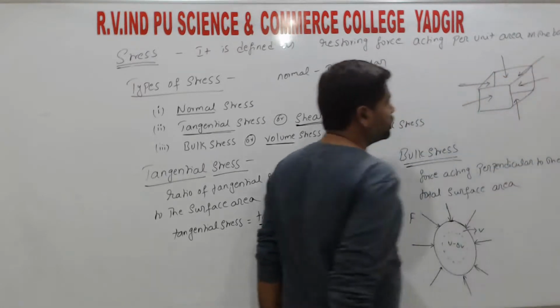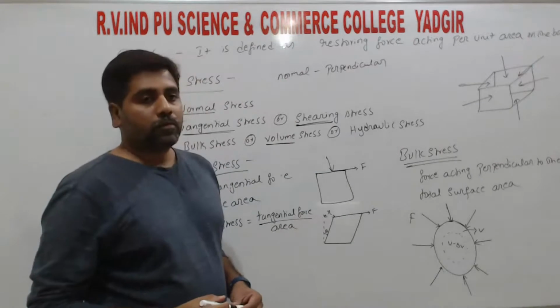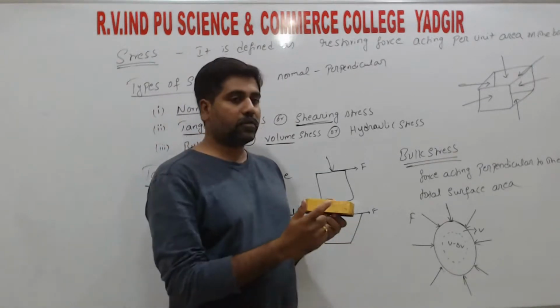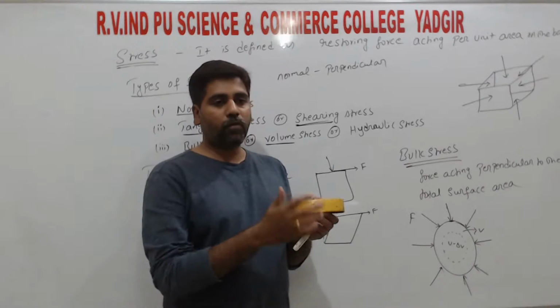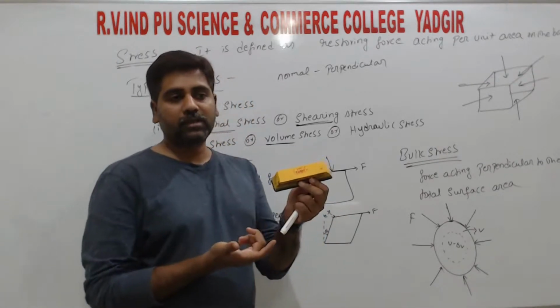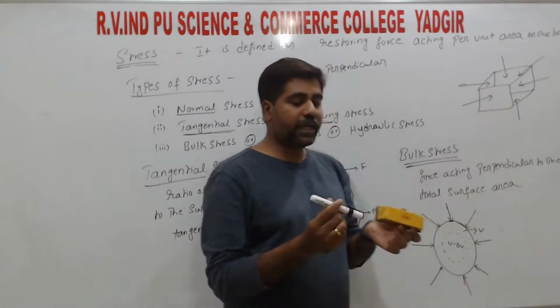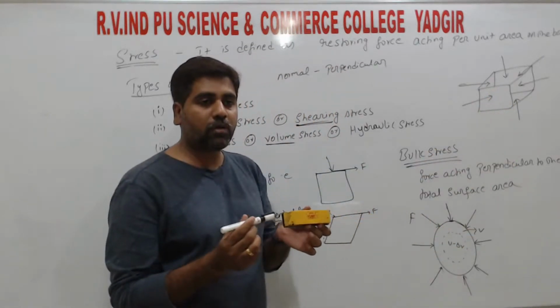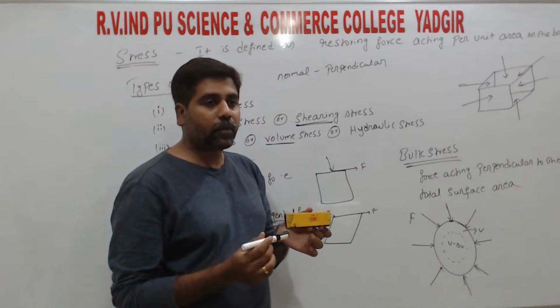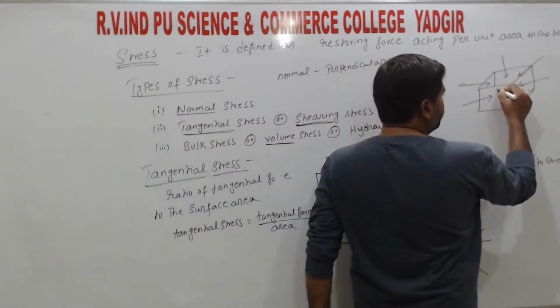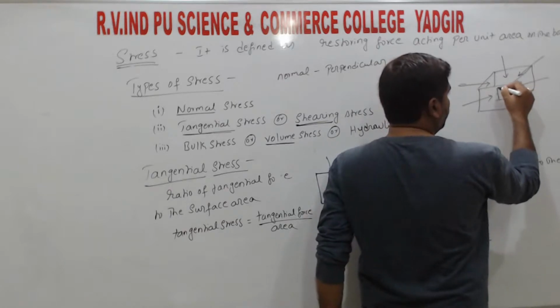So there are 3 dimensions. How many faces does a cube have? 6 faces: 1 2 3 4 5 and this one back one 6, right? So here we are applying 6 forces, one on each face. So on each face we are applying force perpendicularly. So due to that the object gets deformed.